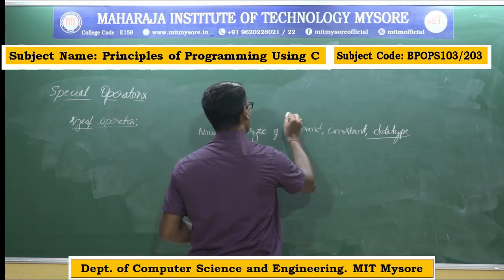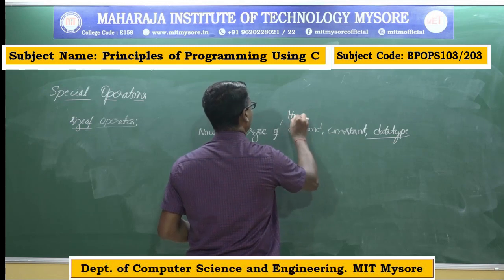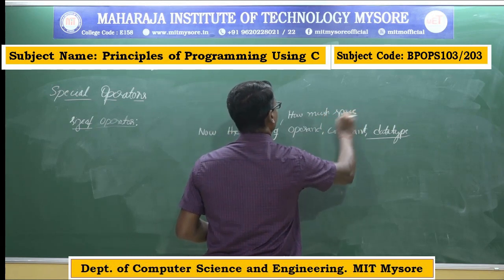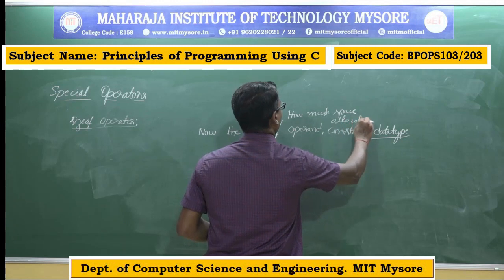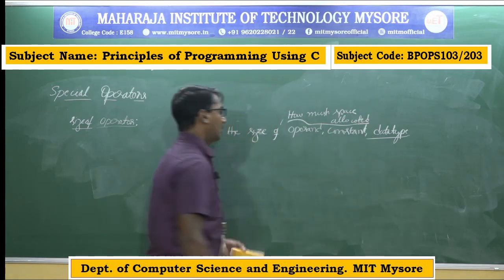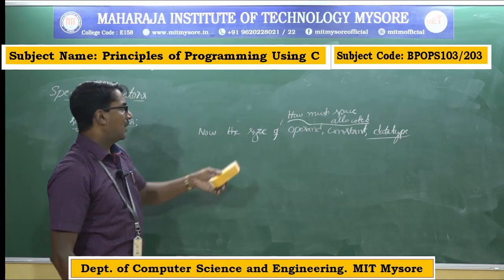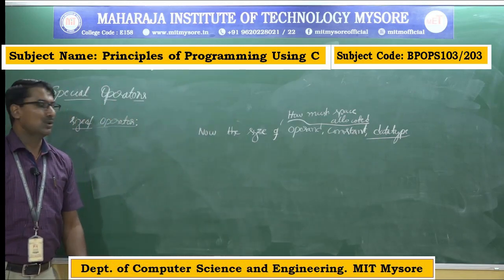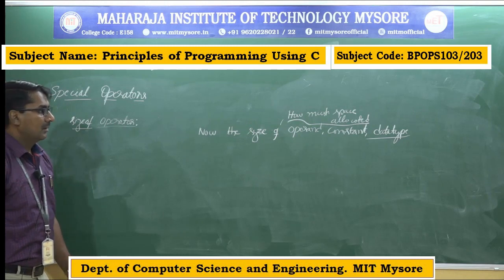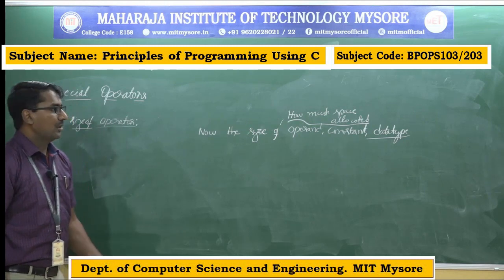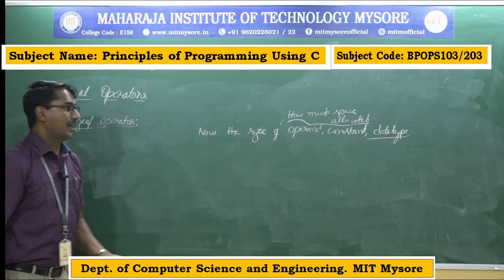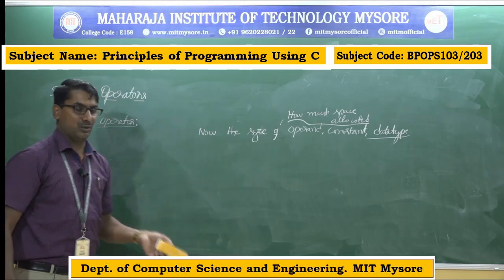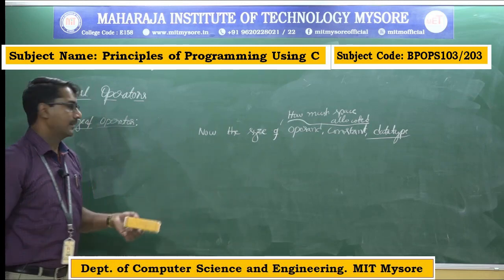Size means the space occupied, that is, how much storage space is allocated for the particular operand, constant, or data type. So to know the size, we use the sizeof operator.